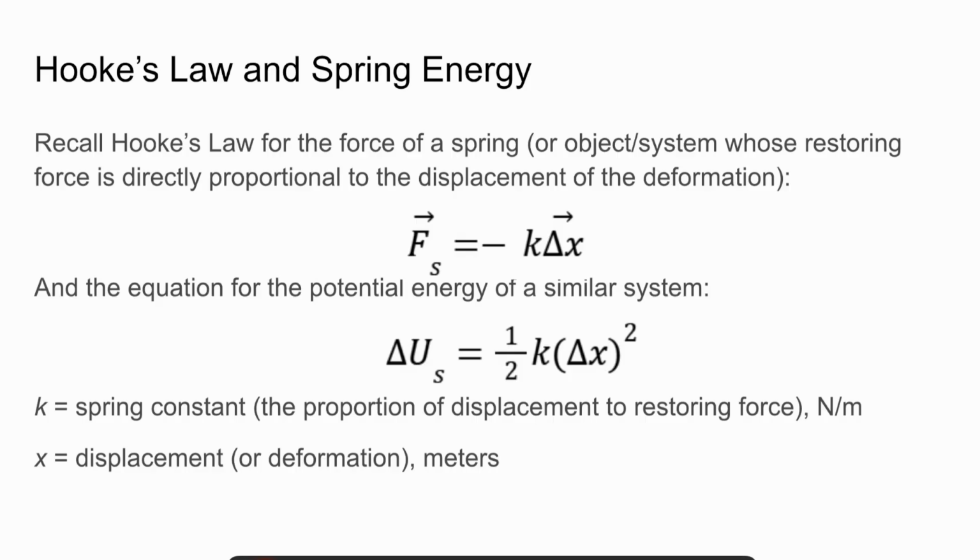And just as a quick reminder, k equals spring constant, which is a proportion of the displacement of the restoring force, and is measured in newtons per meter. And x is our displacement, or the deformation of our spring, typically measured in meters.